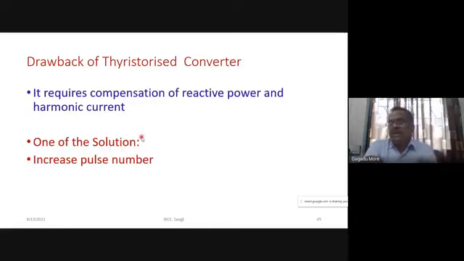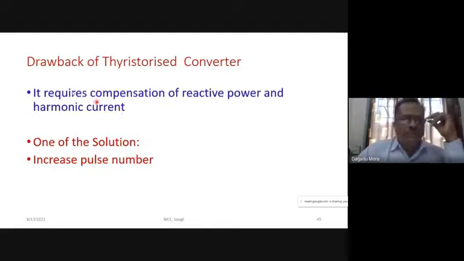So this case we can summarize. We have just reviewed the rectifiers and converters within 3 hours. From our perspective, our major intention is on the source current, and from this we come to a conclusion. It requires reactive power because it always works at a lagging power factor.